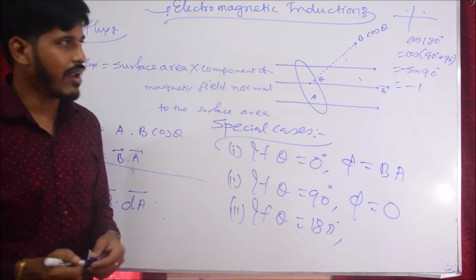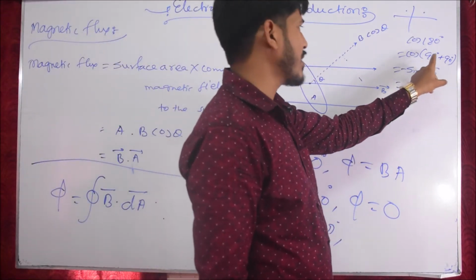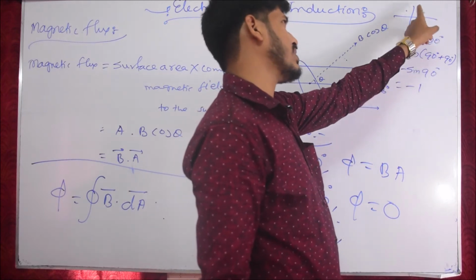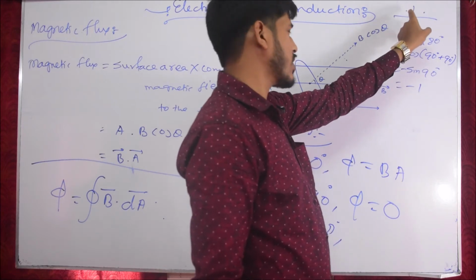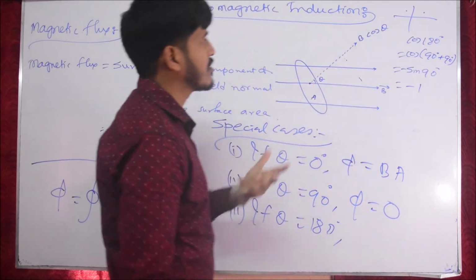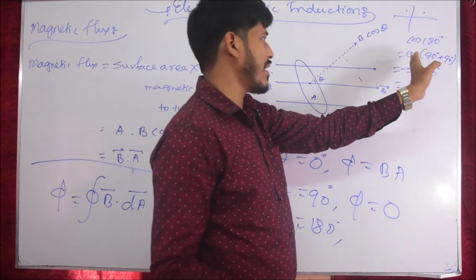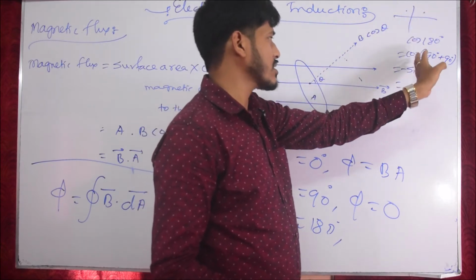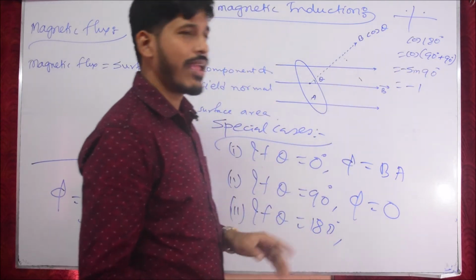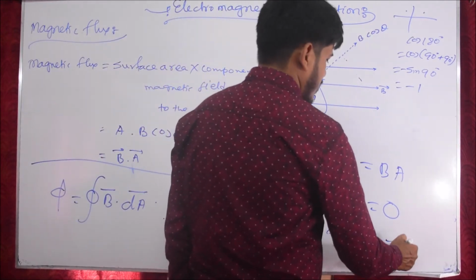Understand? In the second quadrant, sin and cosec are positive, and as it is cos, it is negative, minus sin 90 means minus 1. So, phi is equal to minus BA.